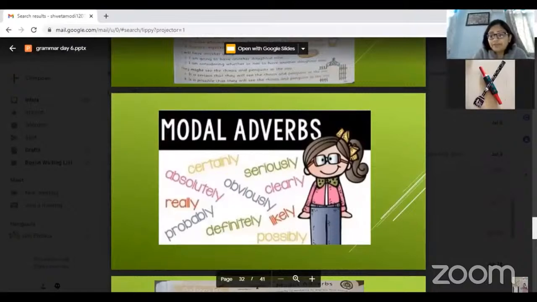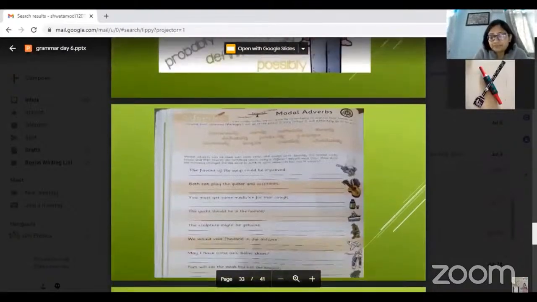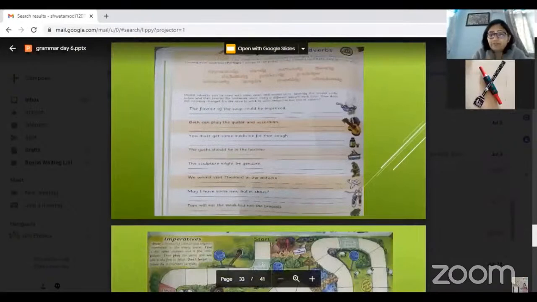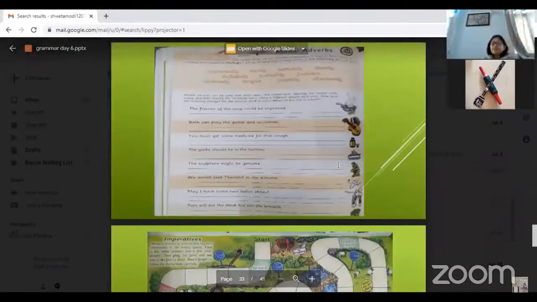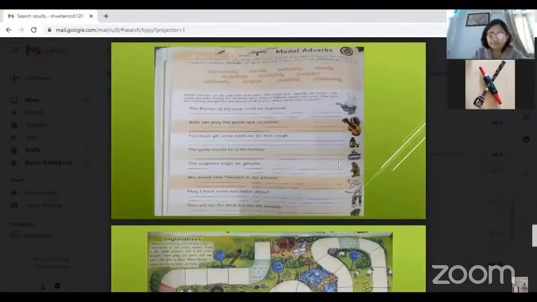When you have ly, it becomes modal adverbs. Now, the flavor of the soup could be improved. Can you fix any of the word here? The adverb which is given here? Should be or must be? Certainly.